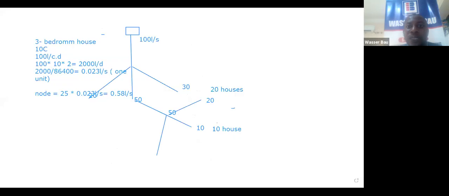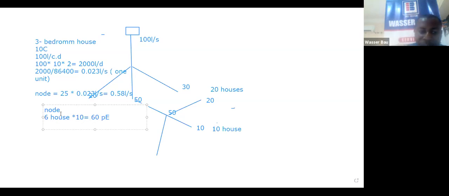So for node 6, number of houses is 6 houses. The occupancy per house is 10. So the population equivalent of node 6 is going to be 60 persons or 60 PE.